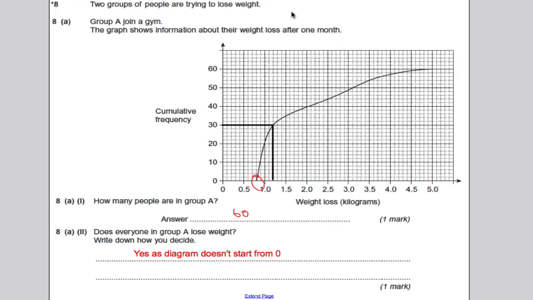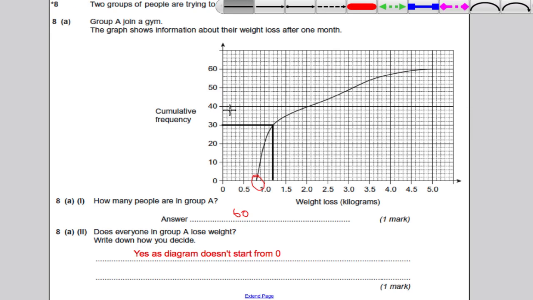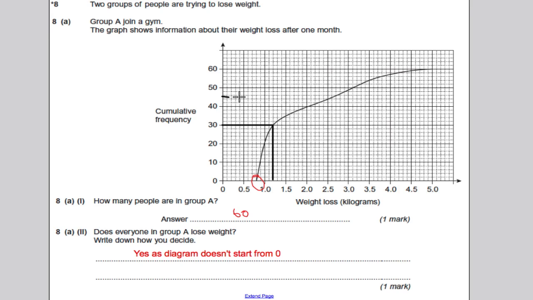What about the interquartile range for group A? Right, the interquartile range is going to be calculated by getting the upper quartile, which I make out to be 2.6, and the lower quartile, which I make out to be 0.9.